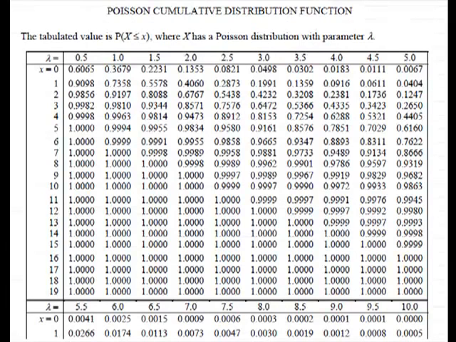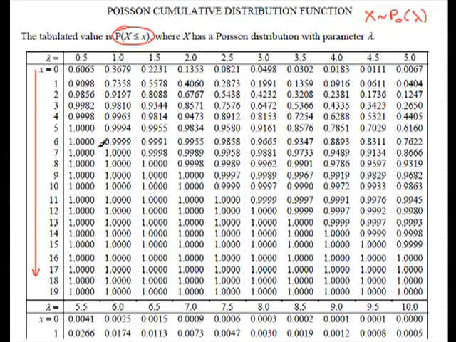Here we have a typical set of Poisson cumulative distribution tables. Given that X follows a Poisson distribution with mean lambda, that's the one parameter lambda, the tables work out the probability that X is less than or equal to any given value x, which you see down this column here.